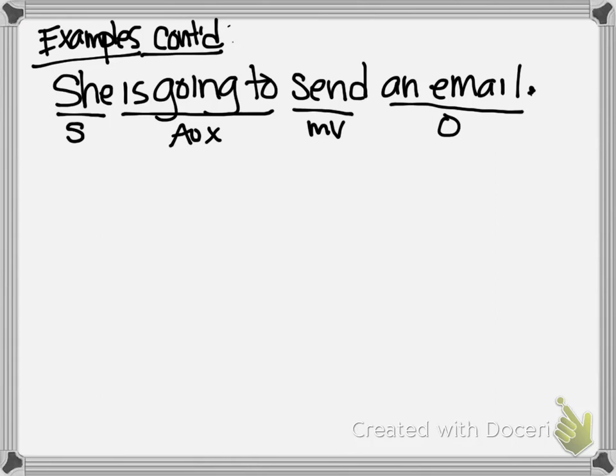So the first thing that we need to do is move our object into the subject position, so an email. And now we need a be verb. But before we put our be verb, actually what we need is our auxiliary.